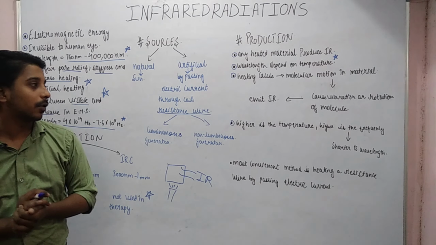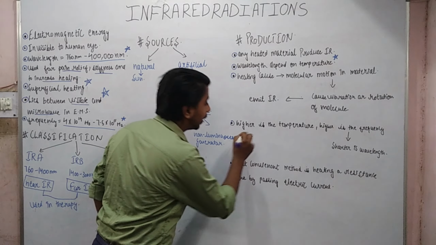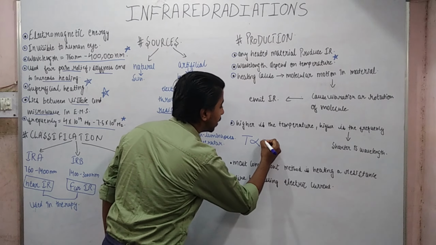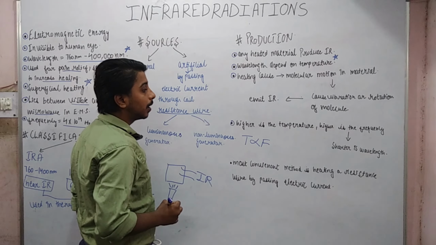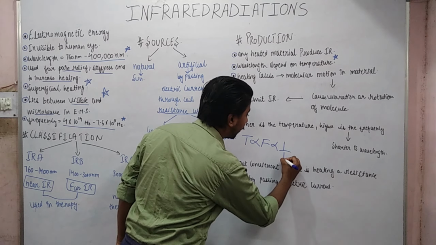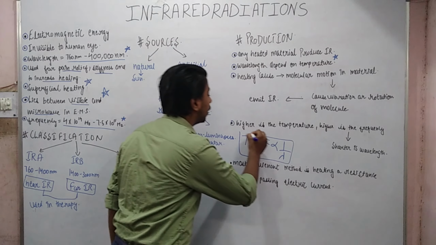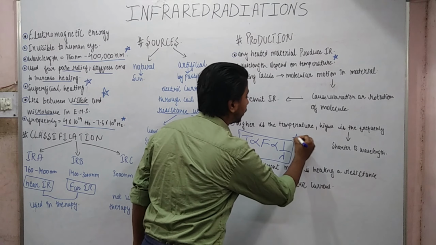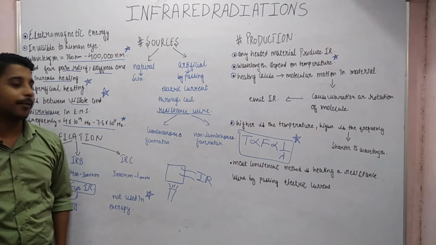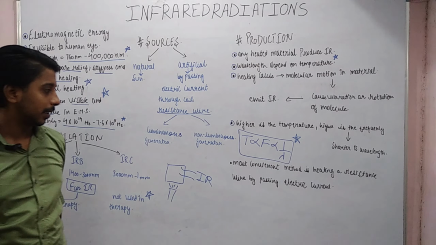You need to watch it also. So higher is temperature, higher is frequency, which means frequency is directly proportional to the temperature, but shorter is wavelength, which means the wavelength is inversely proportional. So this relation you need to keep in mind. It is not that hard and fast. You know this. It is the basic.